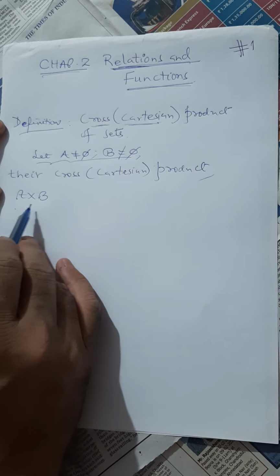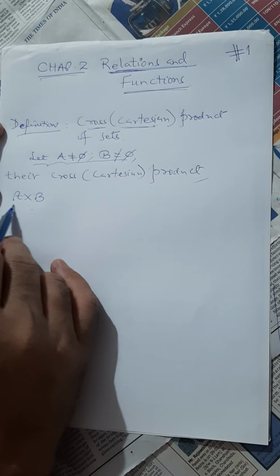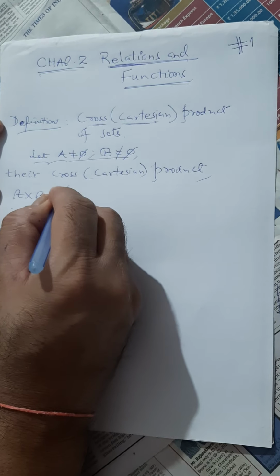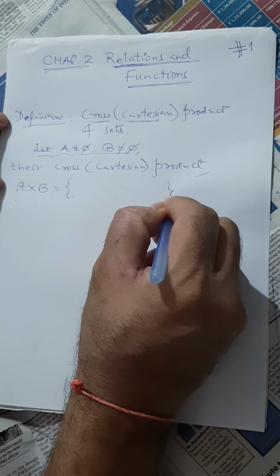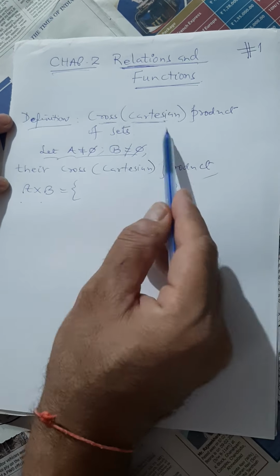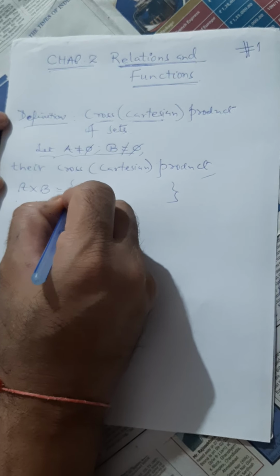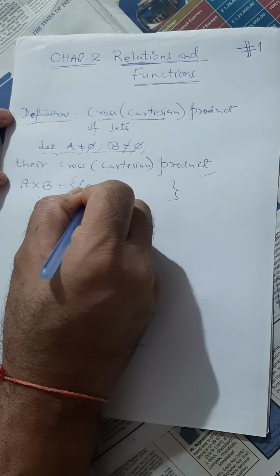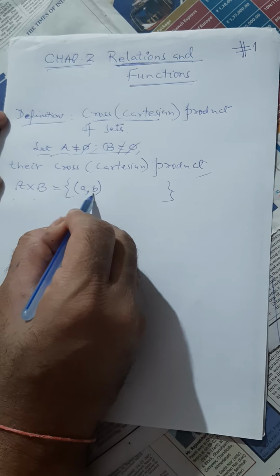This is read as A cross B, which is nothing but a set. It is again a set. So the Cartesian product of sets is a set of all such members of this type (a, b).